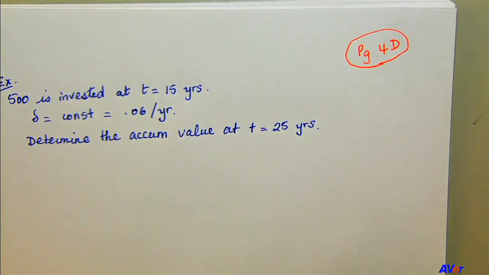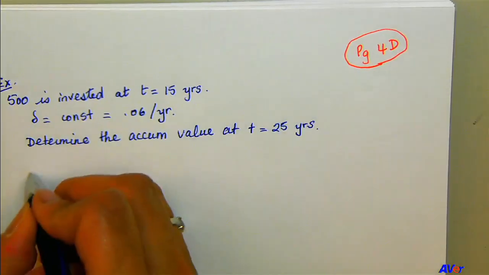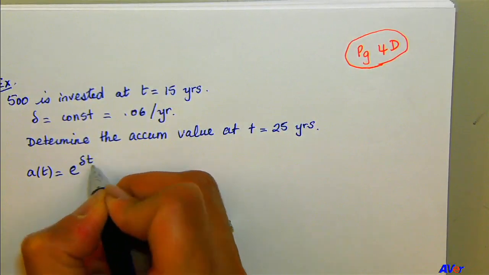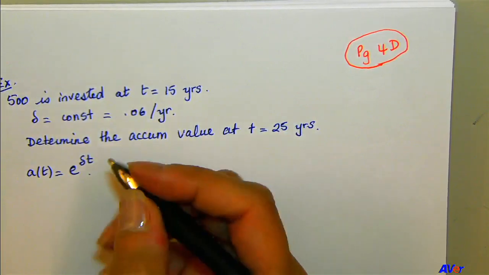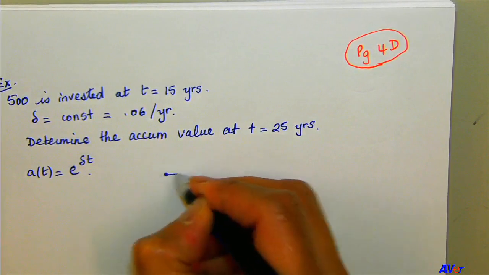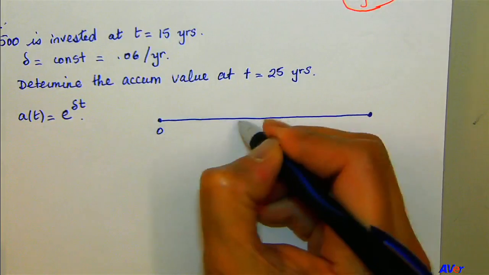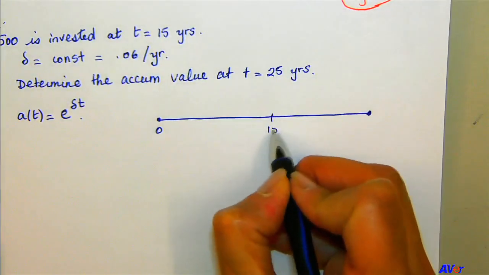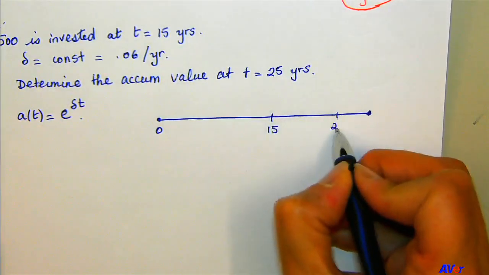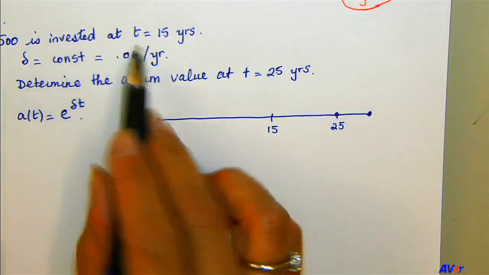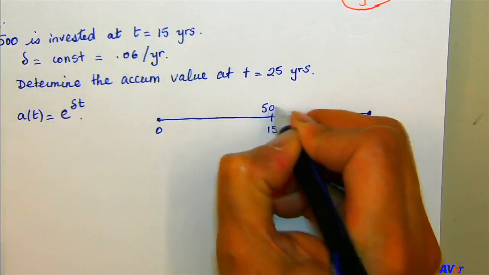So again, delta equals constant. Quickly, what does that mean? Compound interest, right? A of t is equal to e to the delta times t. So, timeline, time 0, time 15, time 25. 500 is invested at time t equals 15.